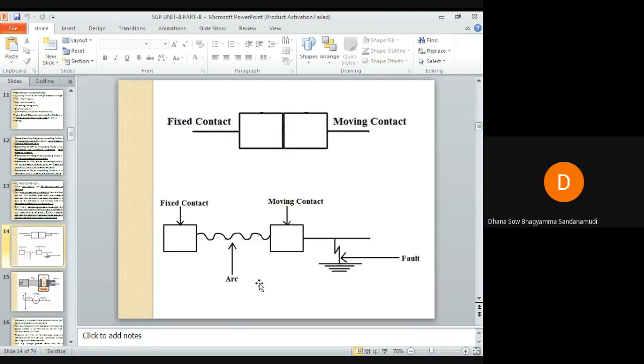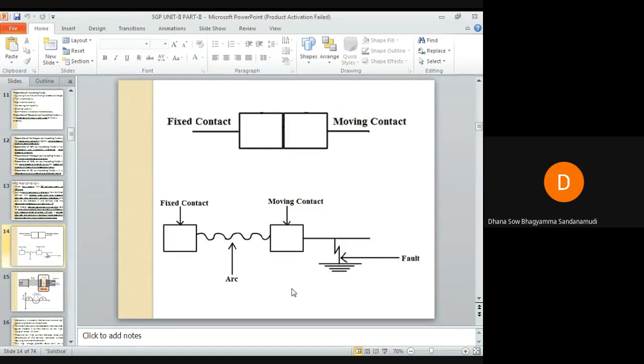If this arc persists for a longer duration, the heat generated by it will reach a very high value, and it may cause damage to the parts of the circuit breaker as well as the system itself. So the arc must be quenched as quickly as possible.